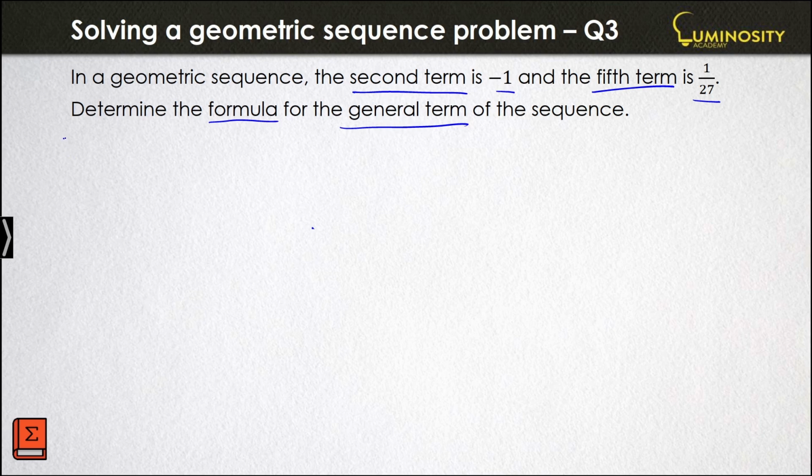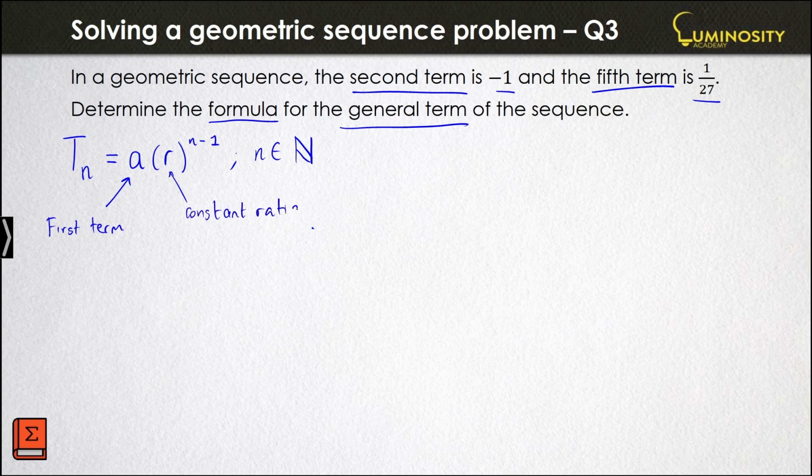Let us recall that in a geometric sequence, the general term is t sub n equals a times r to the power n minus 1, where n is a natural number. Recalling that a is your first term and that r is your constant ratio.